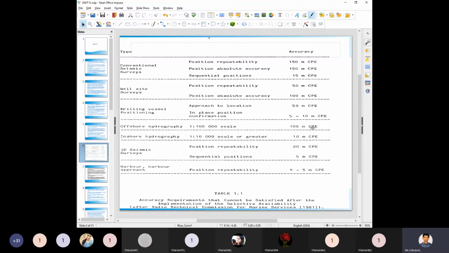Coming to well site surveys, the position repeatability has an accuracy of 50 meters CP, and the position absolute accuracy is 100 meters CP.